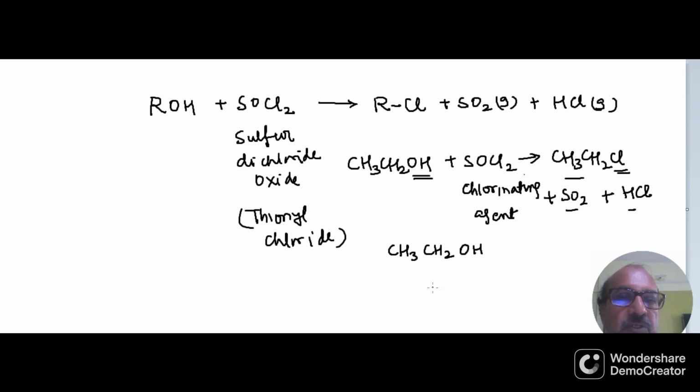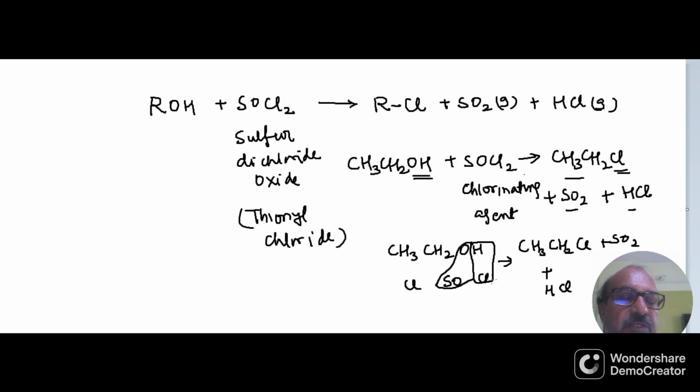Write SOCl2 as SO, a Cl here and a Cl here, and then combine this H with Cl to form HCl, combine this SO with this O to form SO2, and then it's very easy to remember that the products are CH3CH2Cl plus SO2 plus HCl.